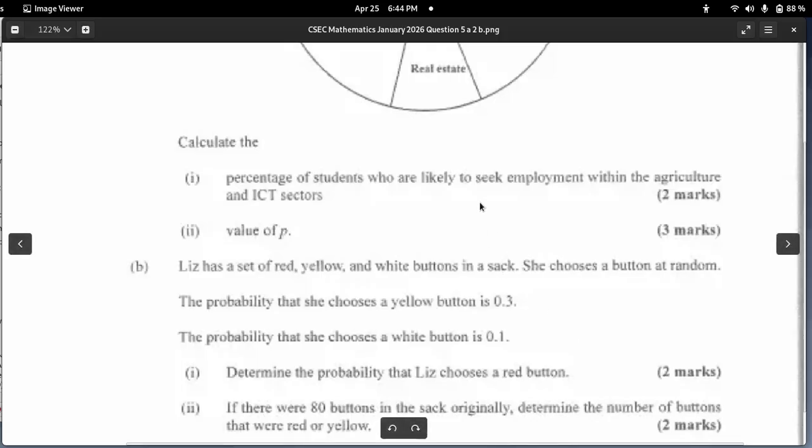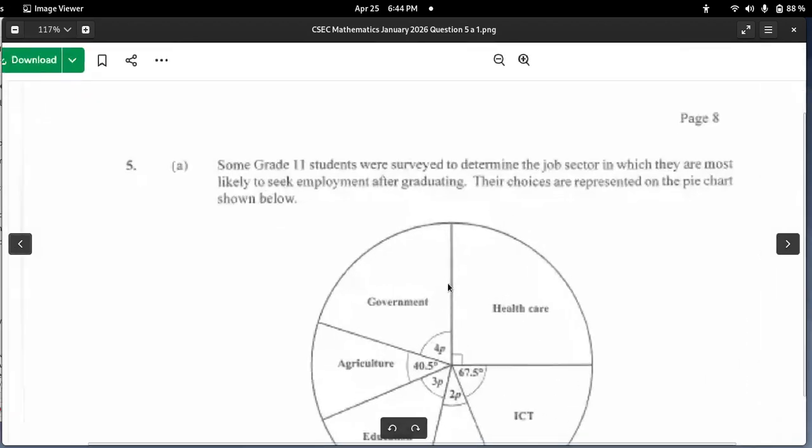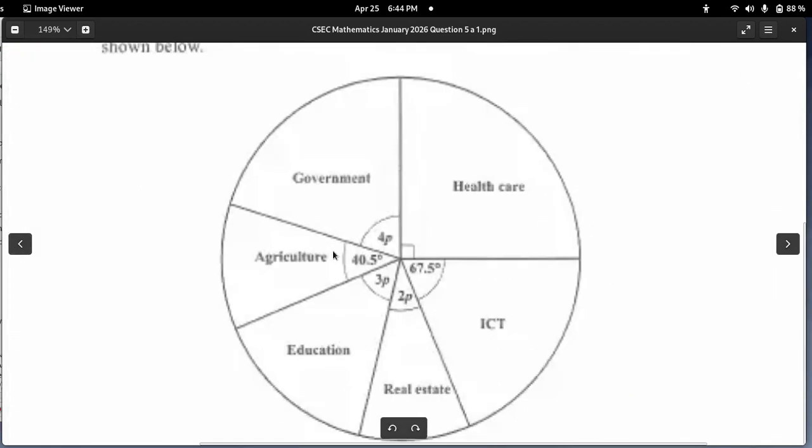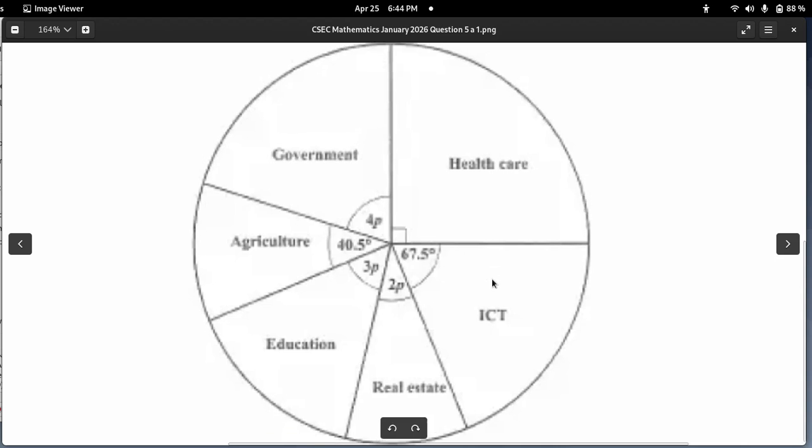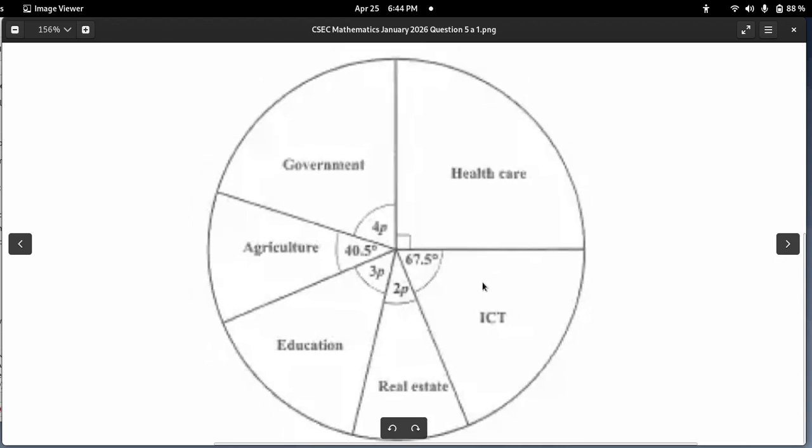Now, remember, it's percentage. Look at this, although you probably are not able to see it too well. I wasn't able to get a physical copy to scan, so I saw this and screenshot it from the internet. Agriculture and ICT.